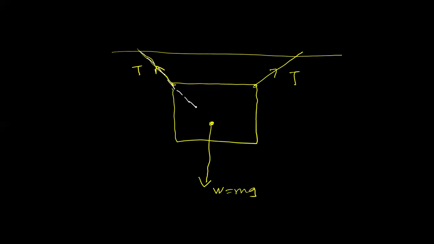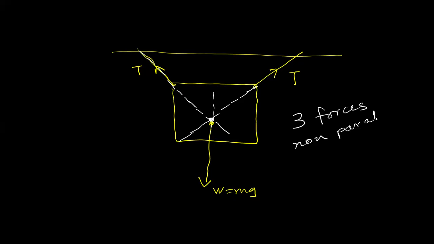This force's line of action, this force's line of action, and this force's line of action. Can you see they are meeting at a common point? So whenever there is a situation where there are three forces which are non-parallel and under equilibrium, then the lines of action of all three forces will meet at a common point.